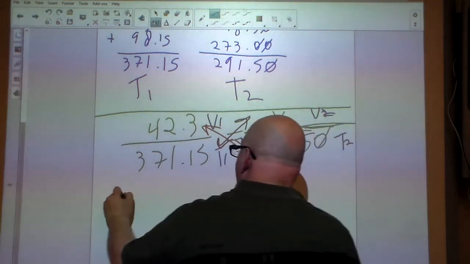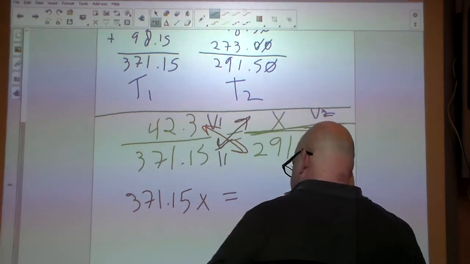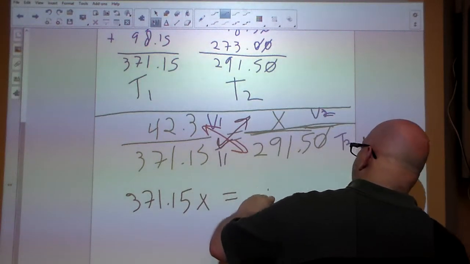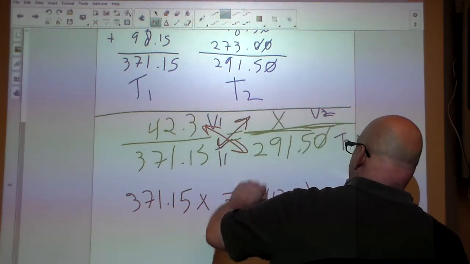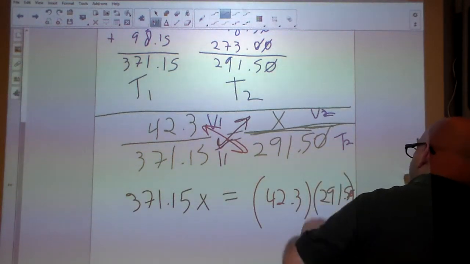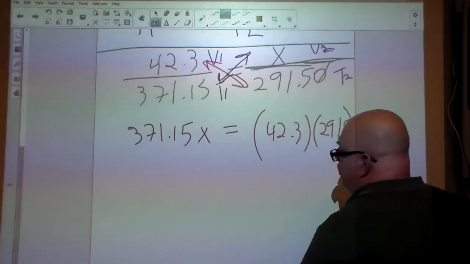Perfect. So we have 371.15x is equal to, we'll do this one in red, 42.3 times 291.50. So this is what we have, ladies and gentlemen, as we're working our way through.